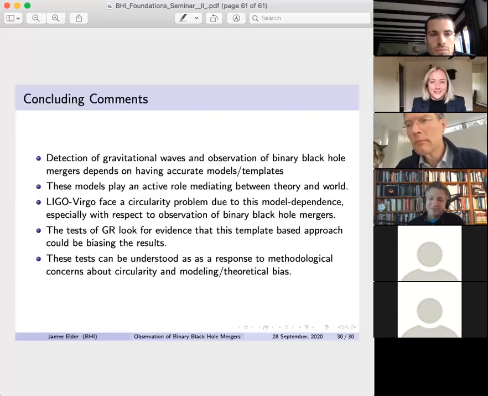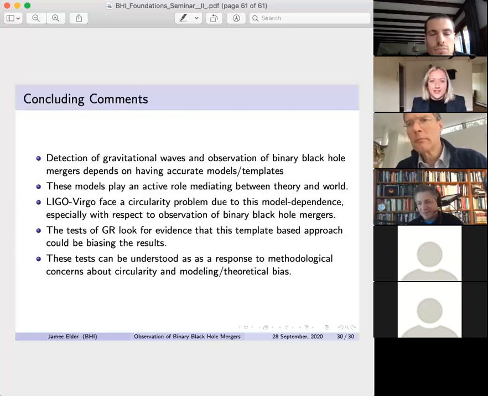And of course, it is in a way more challenging to validate any detections using the unmodeled searches. It's a problem that they've, I think, grappled with for quite some time, because those unmodeled searches are really good at finding big noise spikes. In fact, one of the big uses of the unmodeled searches is to rule out data that has too much noise in it.